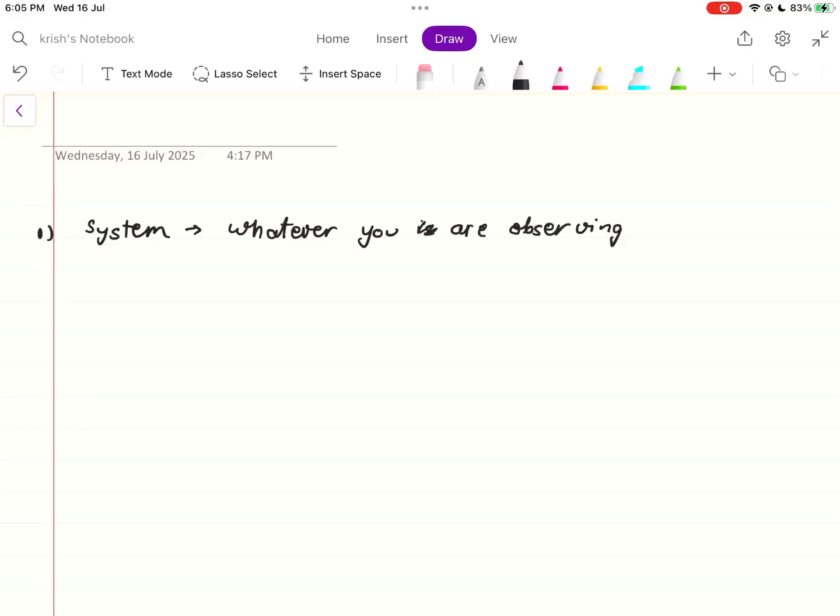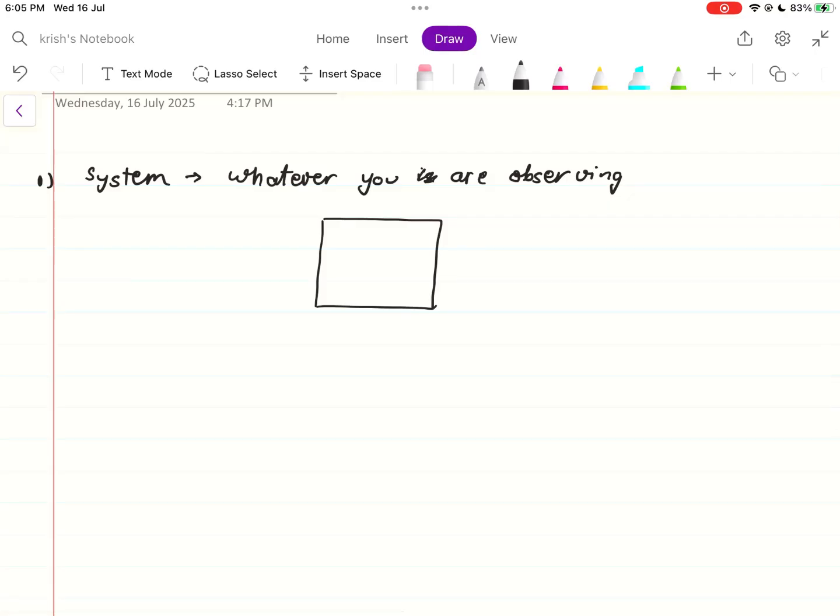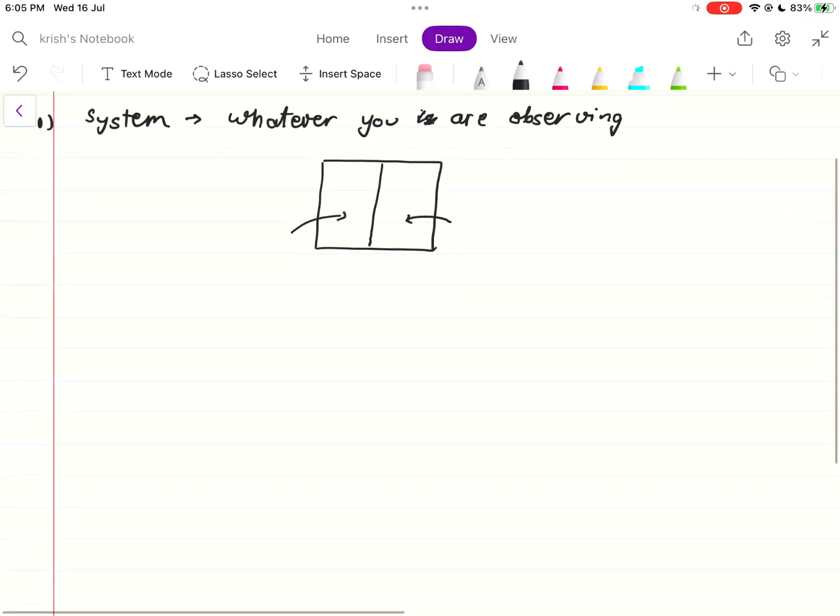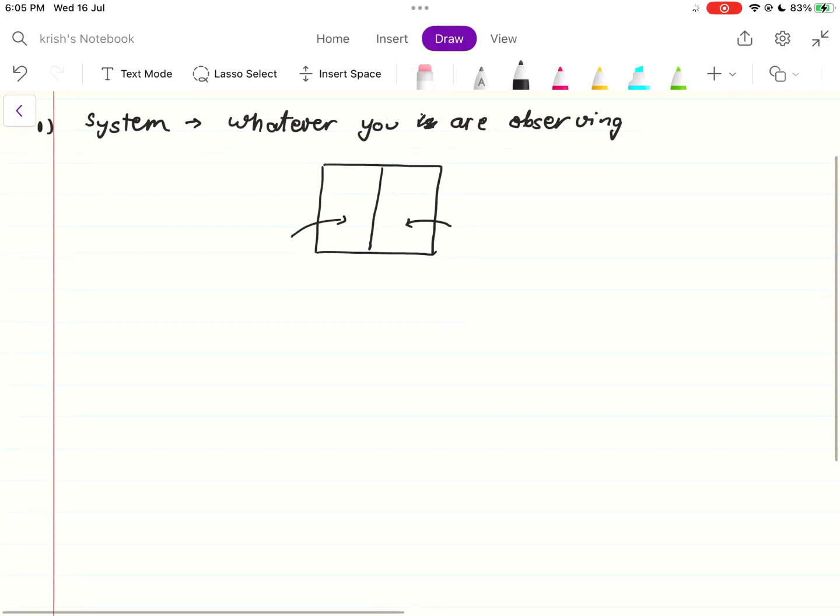System is important because you can apply equations to the same larger system, and then you can divide that system into two smaller systems and apply equations to these two and get even more variables that you will be able to solve. So the definition of system is very important because later on we will be switching around or playing with our system quite a bit. We will see how we can apply the same equation to two different systems, obviously of the same bigger part, and still get the same solution.